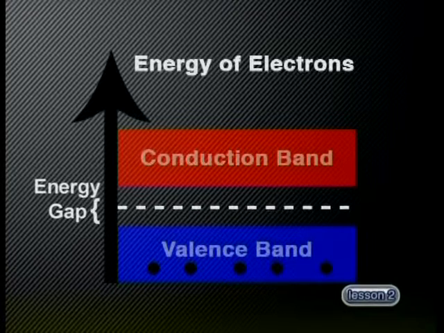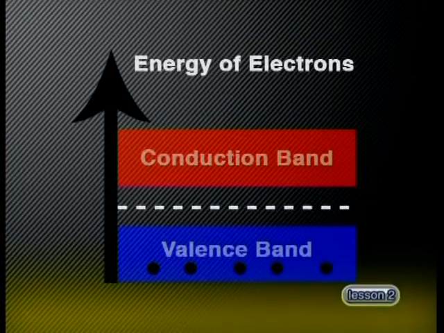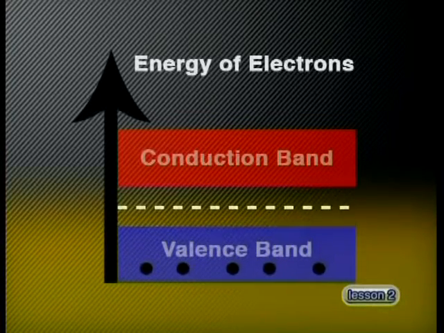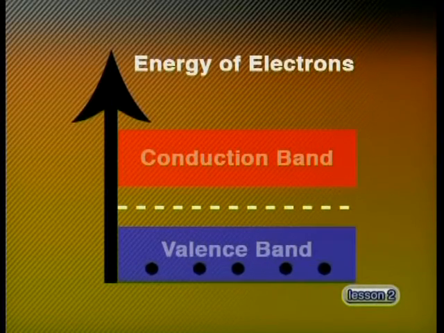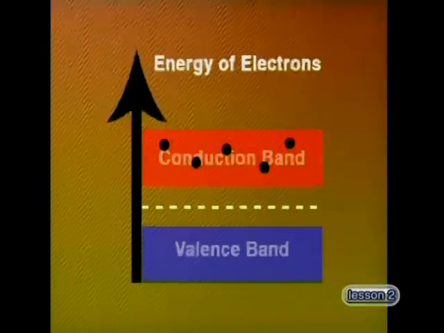As a result, the conduction band formed in a giant molecule is separated from the valence band by an energy gap. Notice that these bands do not overlap as we found in metals. This means that the electrons in the valence band would need a lot of energy to move into the conduction band and cause the insulator to become a conductor.